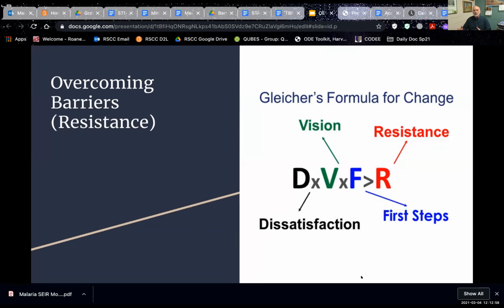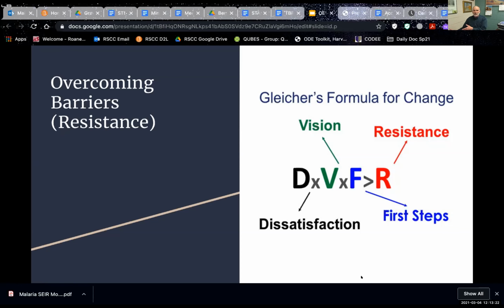For this to happen, you need to have a vision. So we need to have a vision of how life after OER is going to benefit faculty, it's going to benefit students, and then you need to have specific next steps so that you can move forward with the process. If you have all of those, and the math faculty can tell me if any of those are zero, what happens to the equation?